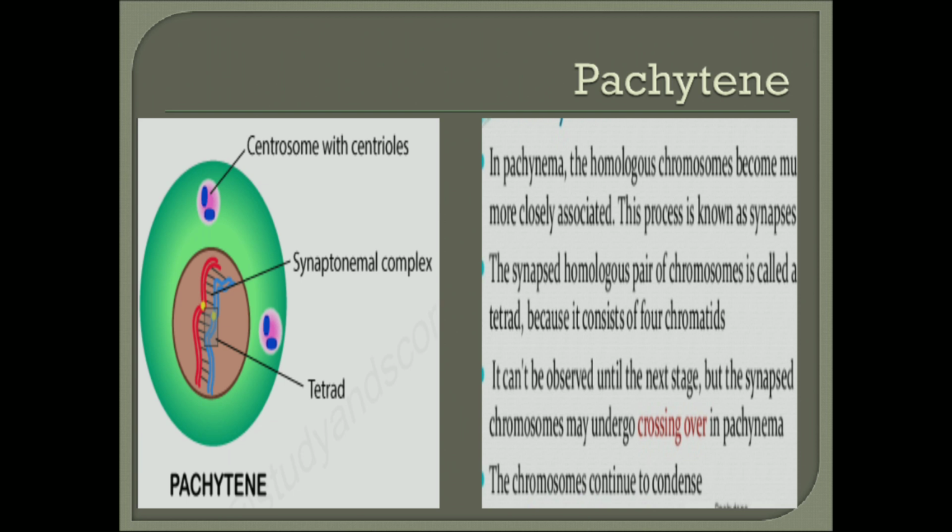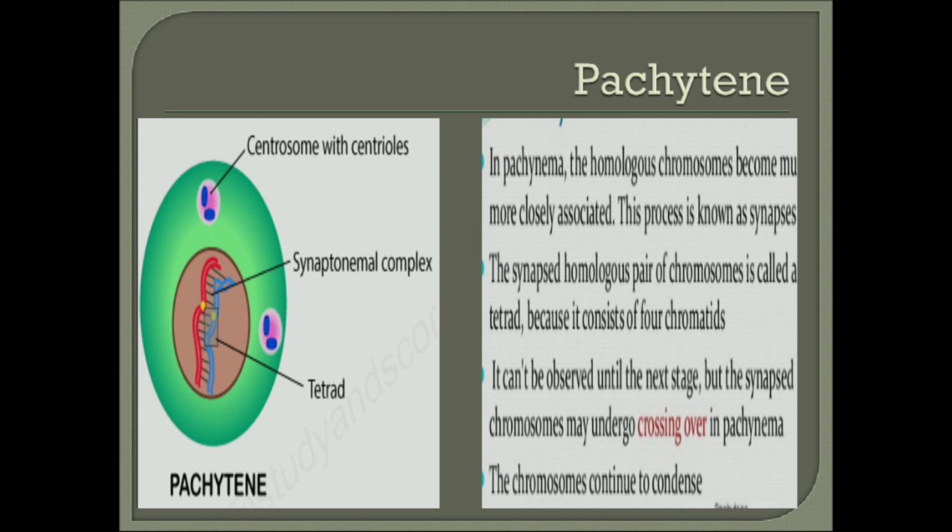Now this is pachytene. In pachytene, the homologous chromosomes which were closely associated undergo crossing over between maternal and paternal chromosomes, and a tetrad is formed. They exchange genetic material with each other, which is responsible for variation in an individual.